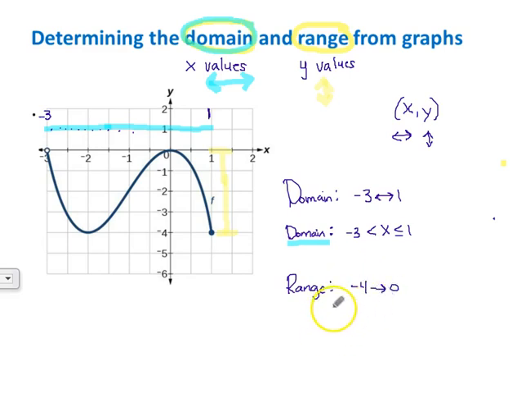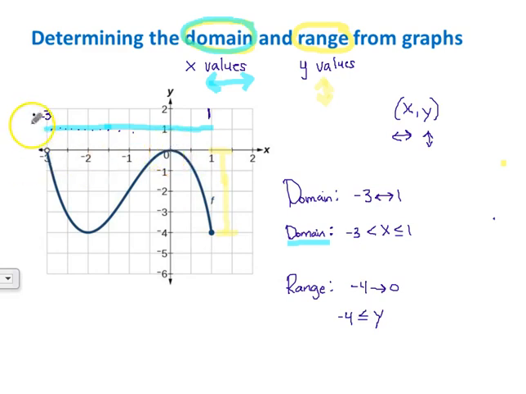But let's write it correctly. Let's write it with an inequality. So range is all of our possible y values. And again, we've got a closed circle, so we can say that y has to be greater than or equal to -4, and it touches at 0 here.